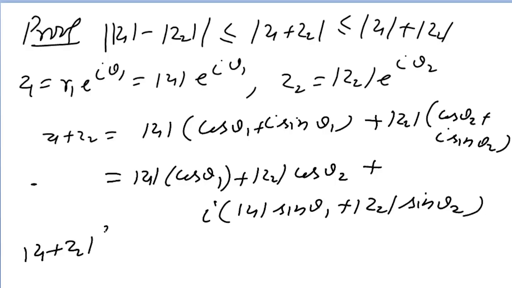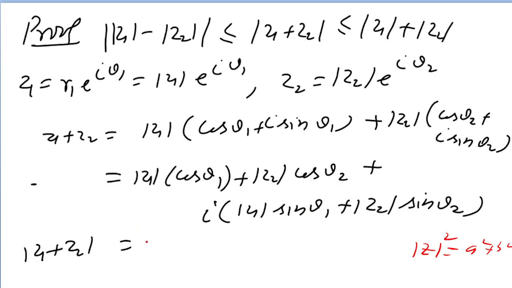The modulus squared will be the real part squared plus the imaginary part squared. We know that the magnitude of any z, mod z square, is a square plus b square. Same way here, basically the square of the real part and the square of the imaginary part.